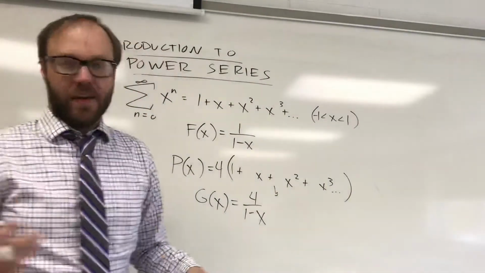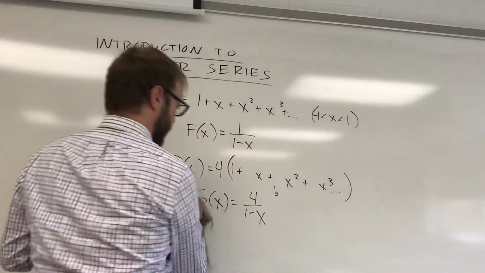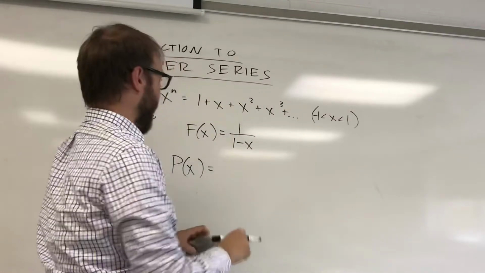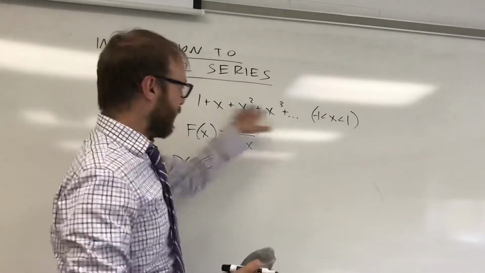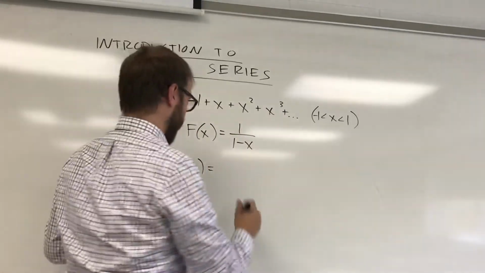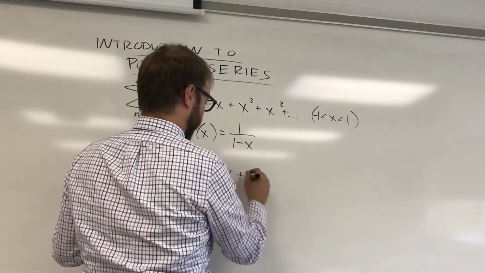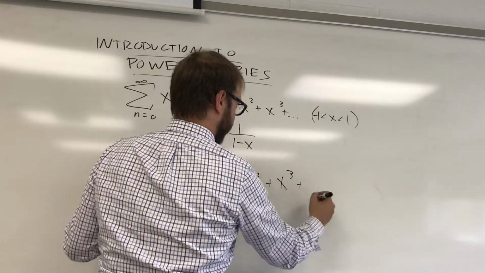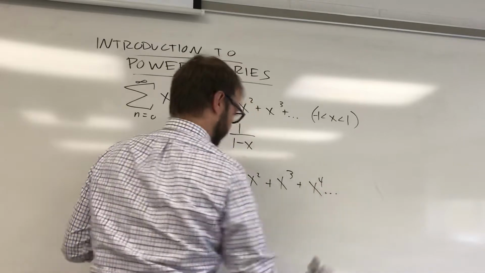So I want to look at a couple of other possibilities that you could see. Let's say you're given a series representation that looks real close to this, but not quite. Maybe it's x plus x squared plus x to the 3rd plus x to the 4th, and so on.